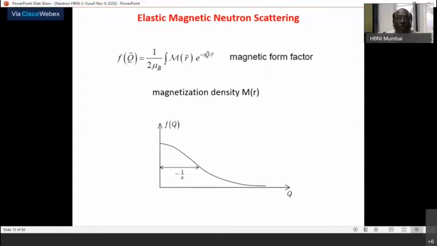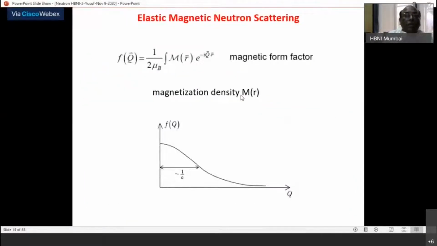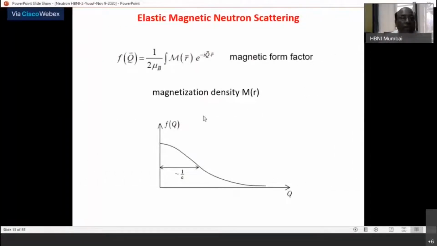So those electronic shells have what? The net magnetization, so magnetization density at that particular shell in real space. So now you can imagine, if you have a magnetic element or magnetic atom or ion, you have magnetization density. This is the real space I am talking about.